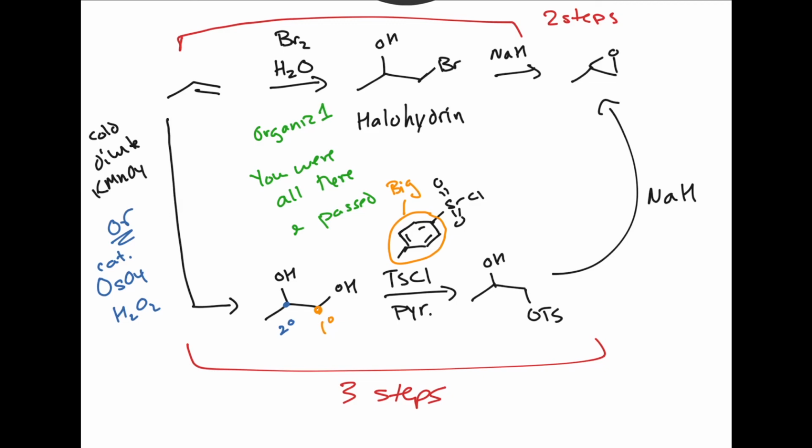So let's just see. If we take this and we treat it with Br2 and water, because of the mechanism that you learned in Organic 1, the oxygen and the bromine have to be on opposite sides.